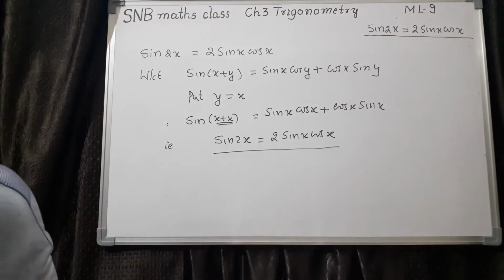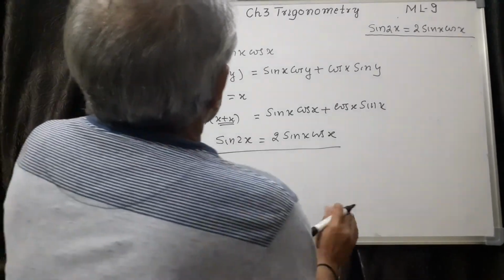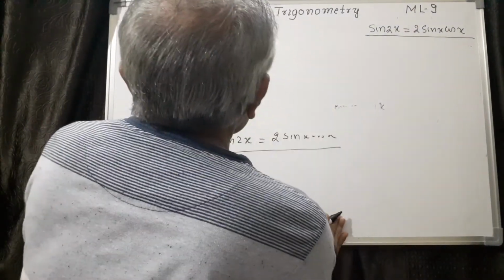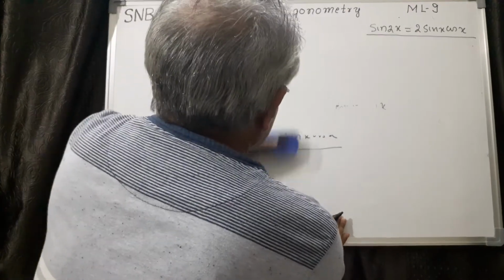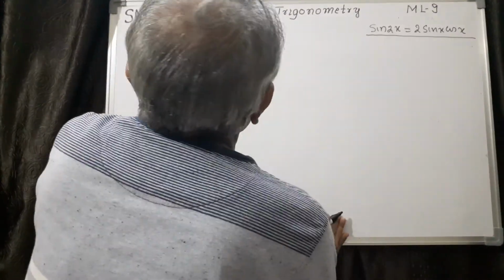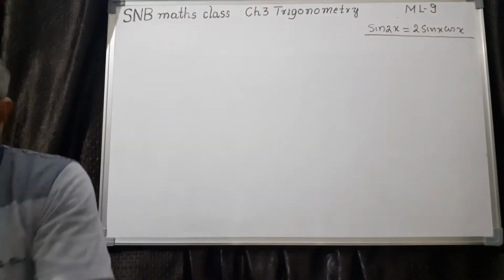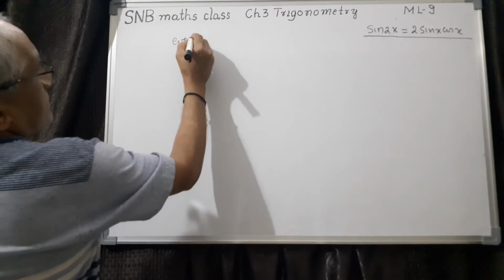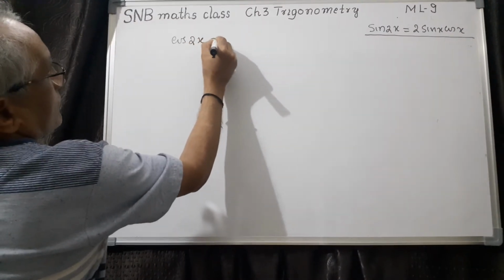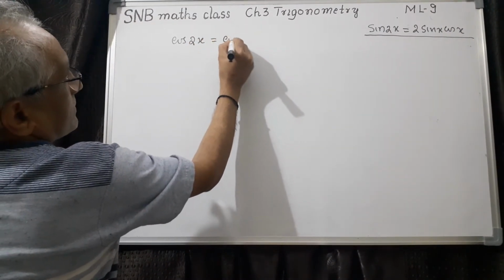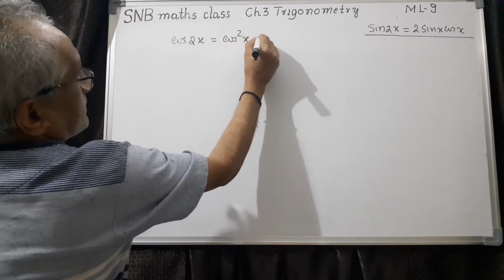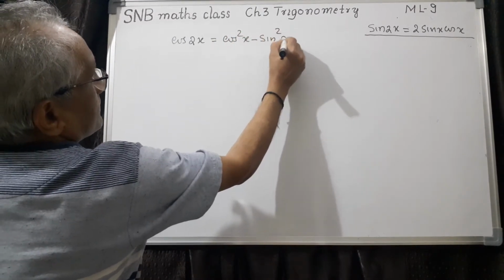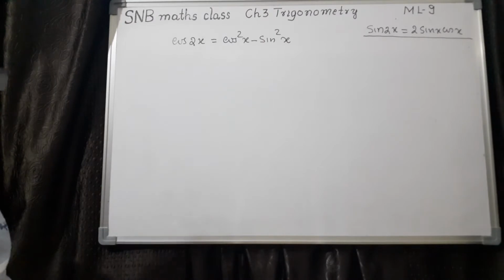Now let us take the second one. In the same way, cos 2x we have to do. Of course, this is a bit lengthy, not like sine 2x. So cos 2x equals cos square x minus sine square x. This is one expression.